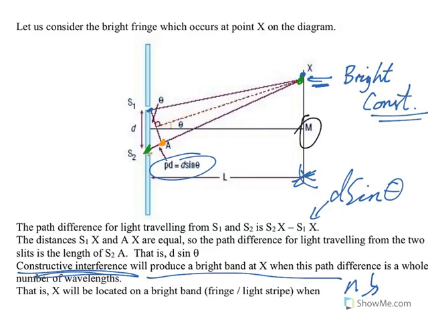Now, also, what we have here is some triangles, and we've got this angle theta down in here.